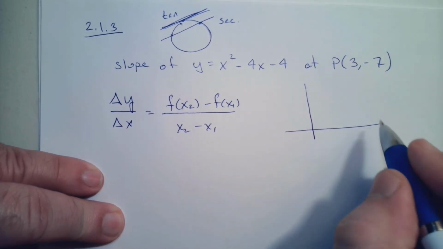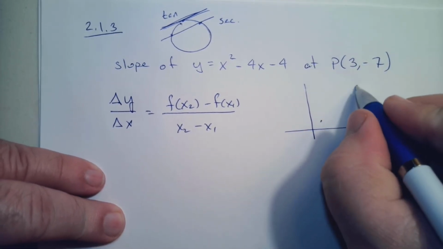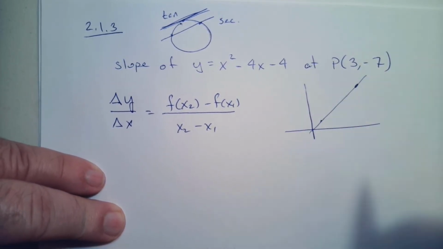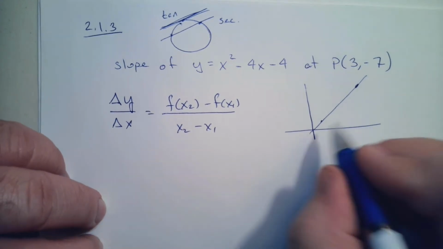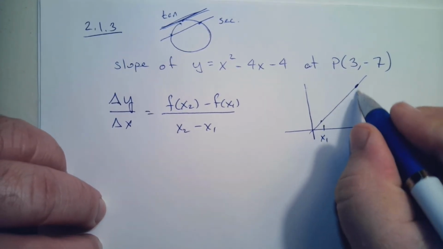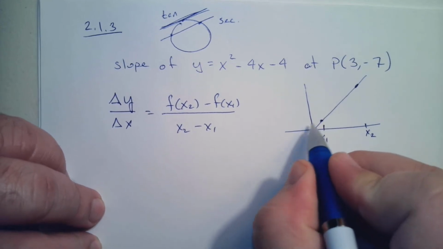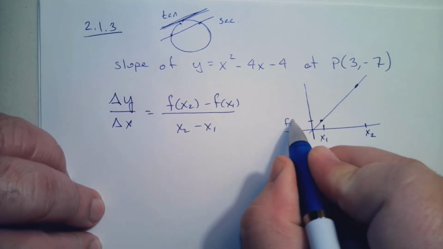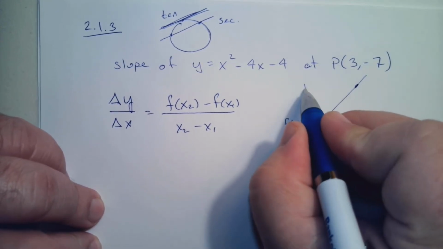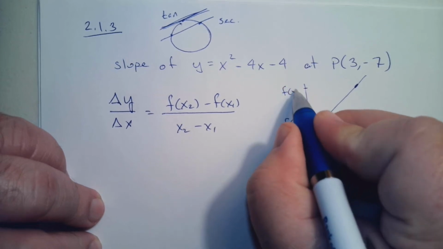I'll use the easy one, so we have a line. Here's x1, here's x2. This is f of x1, and this is f of x2.